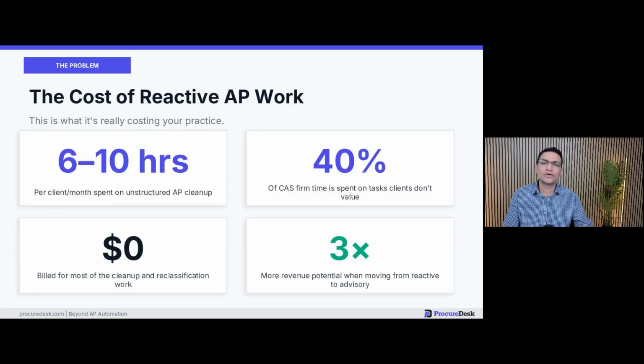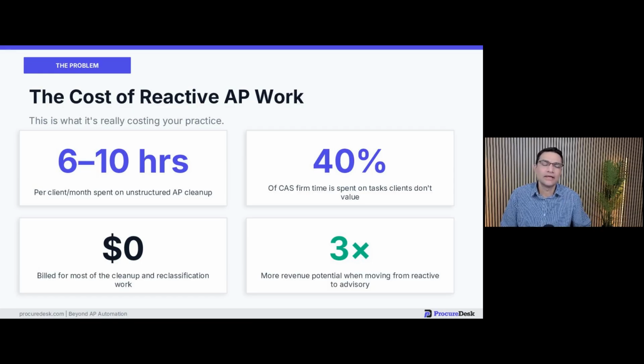All right. So here, we recently did a survey. We asked our CAS clients how much work they're actually absorbing from their clients. And the answer was 6 to 10 hours per client, right? So let's say you have 10 clients, you are maybe doing 60 to 100 hours.